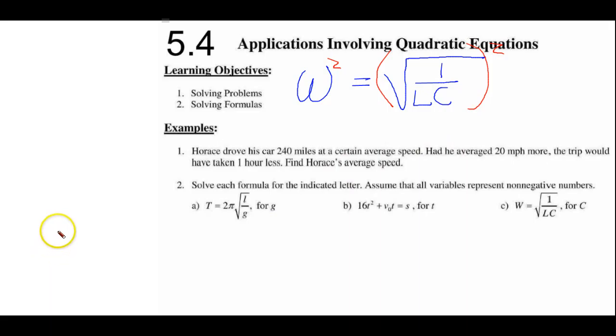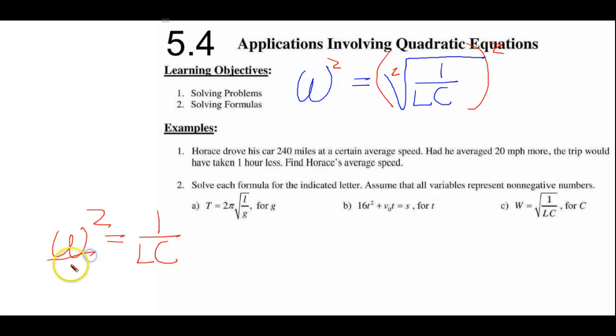So we then get W squared equals 1 over LC. Again, taking this index number and raising it to that power, then it just becomes the radicand.